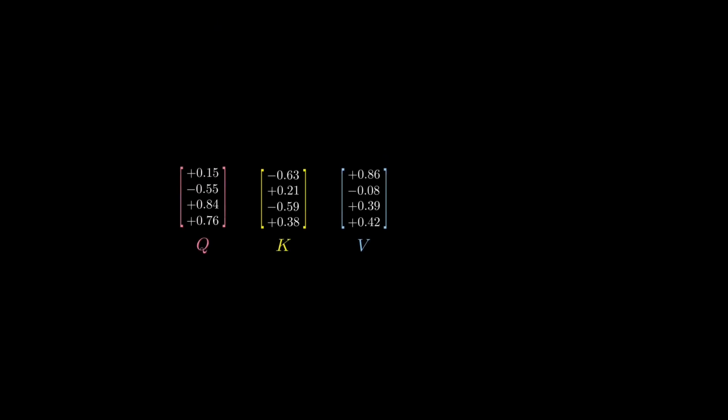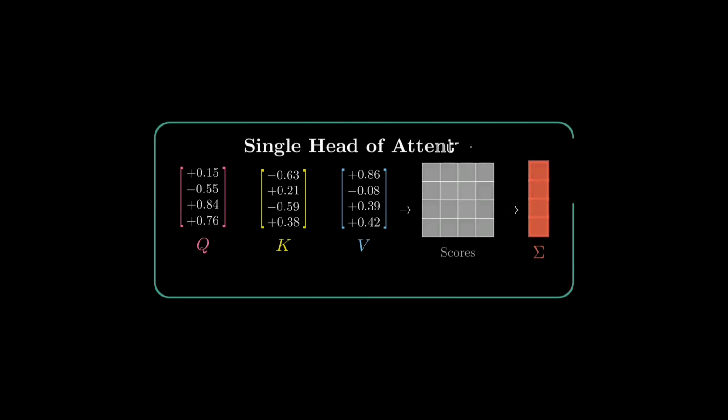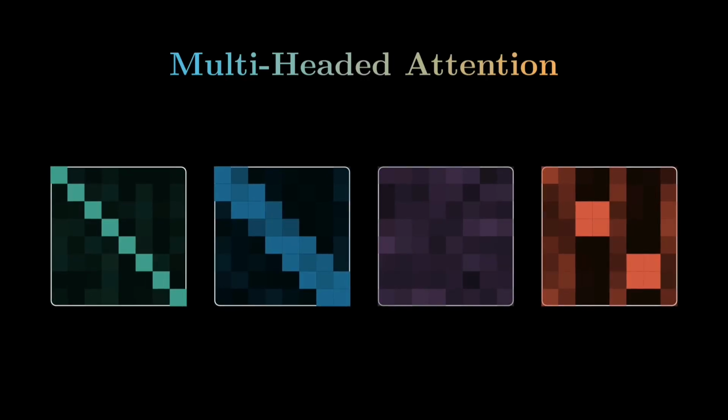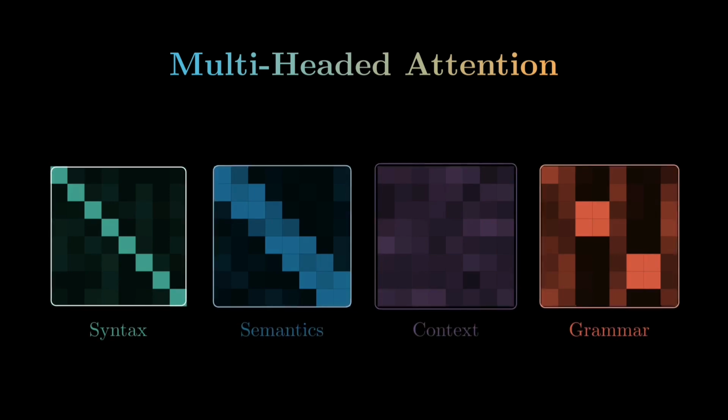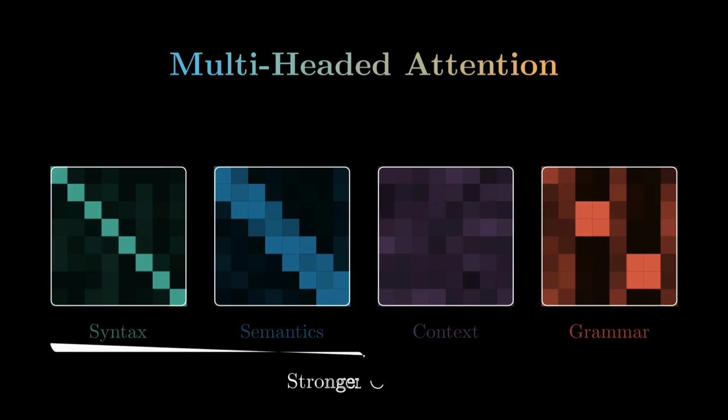And remember, everything we've described so far, the queries, keys, values, attention scores, weighted sums, all of this happens inside just one head of attention. In multi-headed attention, the same process runs across multiple parallel heads, each focusing on different aspects of meaning, giving us an even richer and more refined representation of the sentence.